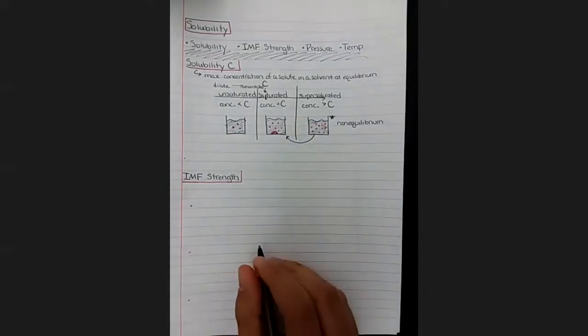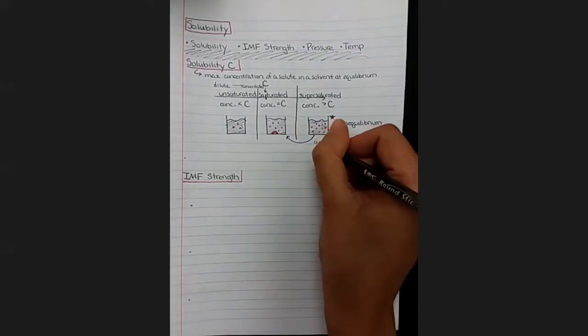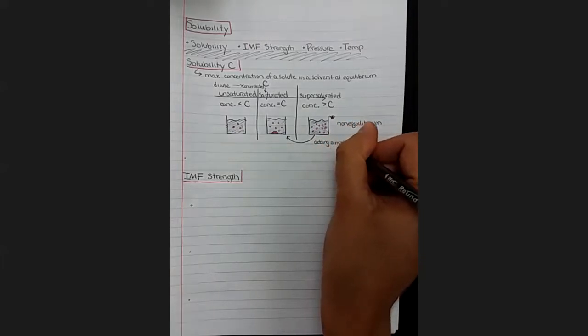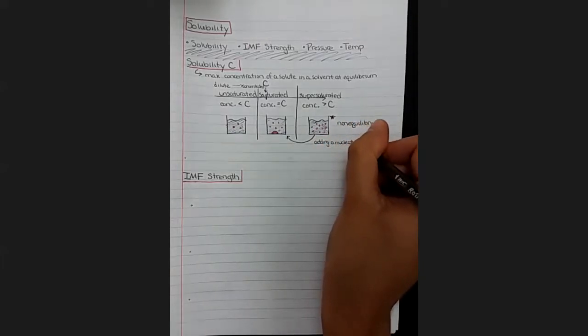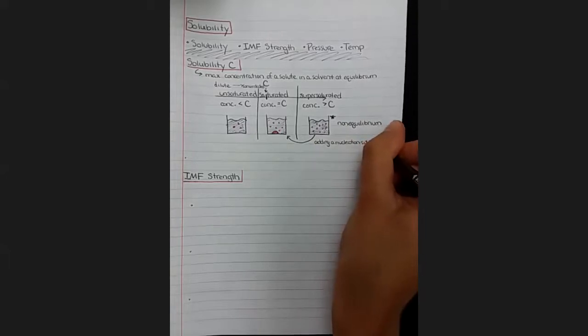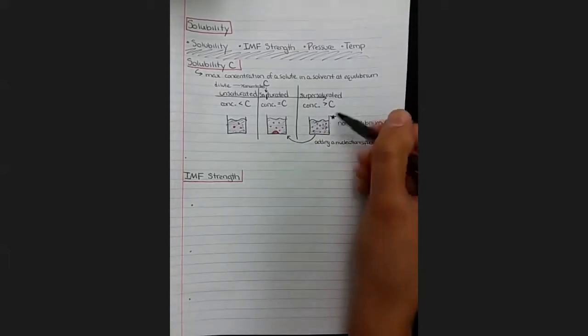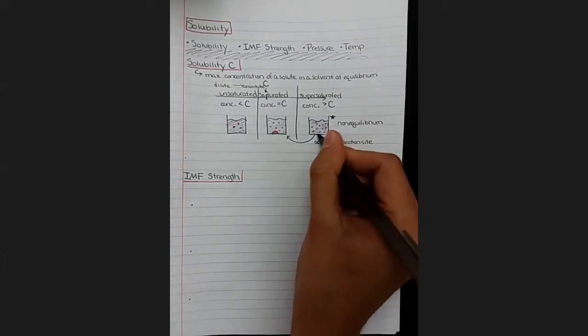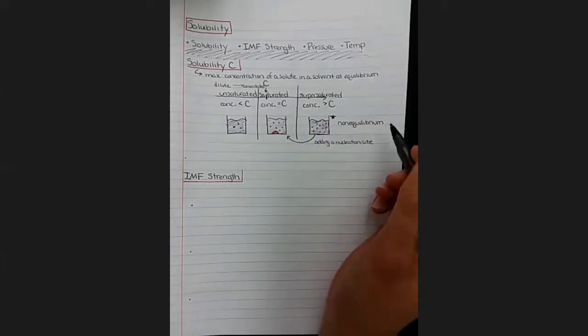into the saturated state. So one of the forces, this could be something called a nucleation site. So we can add a nucleation site by scratching on the side of the glass with a stir rod, or scratching on the bottom, or if you added a crystal.